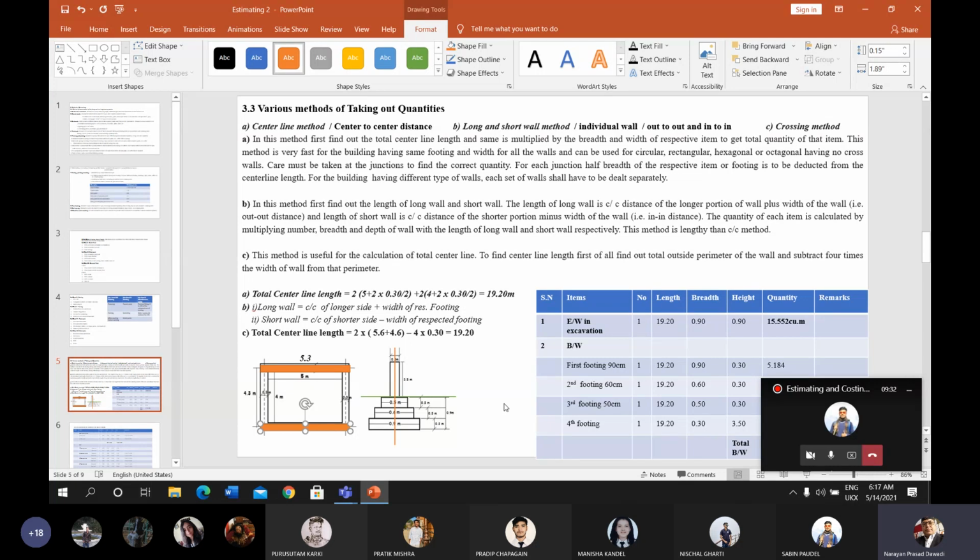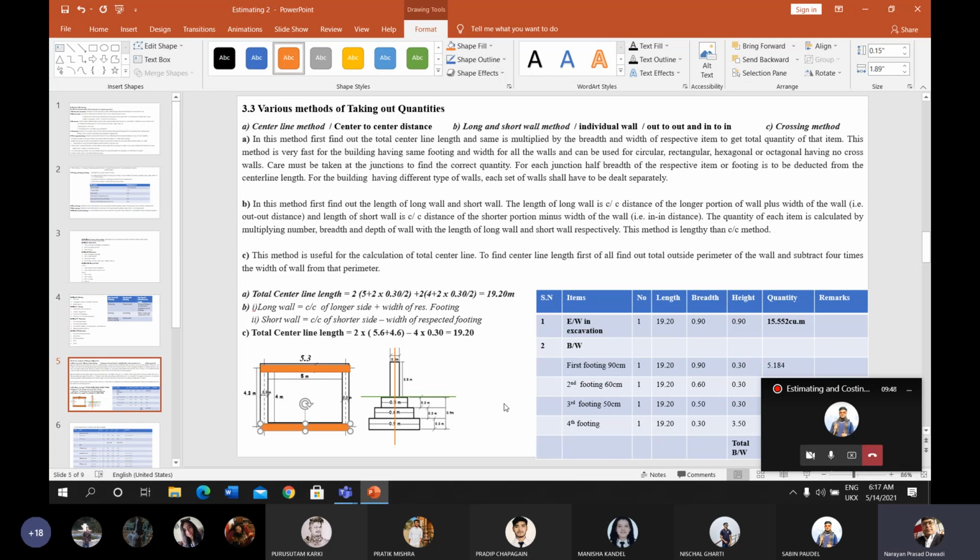The 2 cancel, so you have to add 1 width of the wall to the center line length. You will get the length of the long wall for the 30 centimeter wall width, that is 5.6 meter.